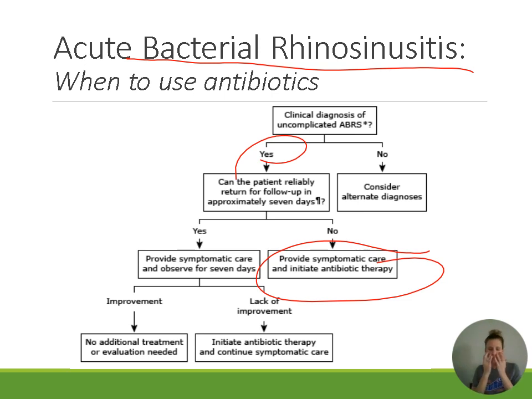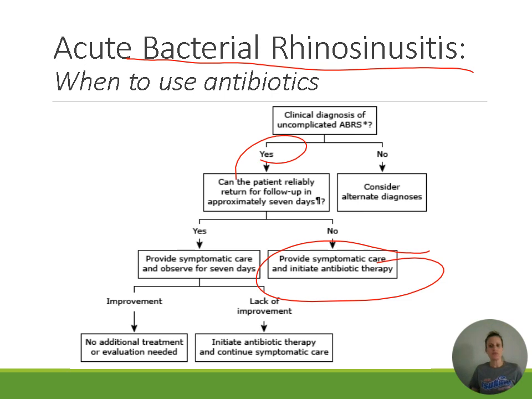So if consistently around the clock, their face is hurting for the last 3-4 days, or if the symptoms have worsened really rapidly. The last couple of days, all of a sudden they've got a high fever, their face is really hurting, they can't breathe at all. Those are signs that this is a severe infection. And in that case, go ahead and start antibiotics now.